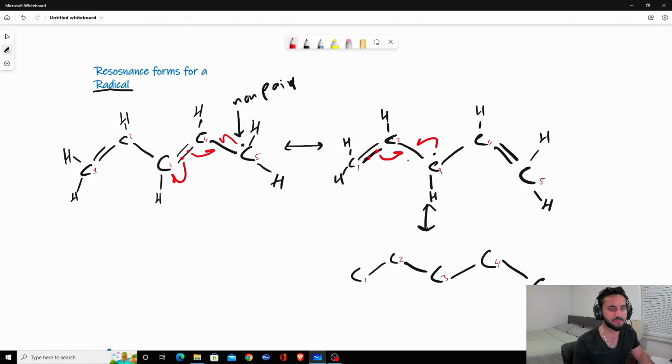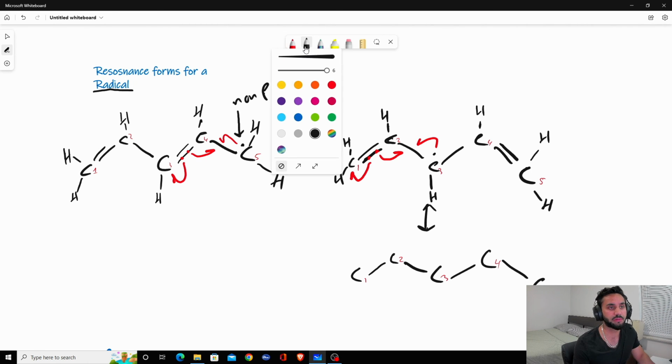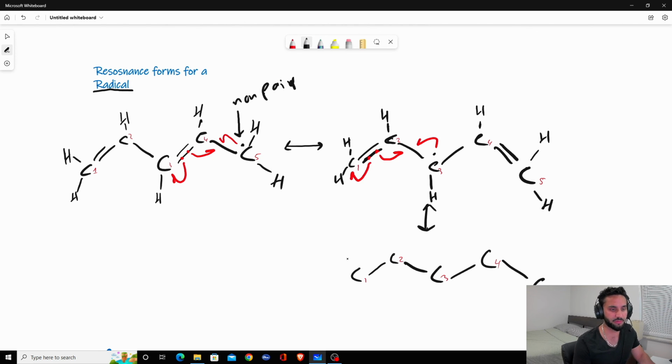And so what happens to this electron? So this electron is actually given to the C1 carbon with a half arrow shown like that. And let me draw the final structure here at the bottom.